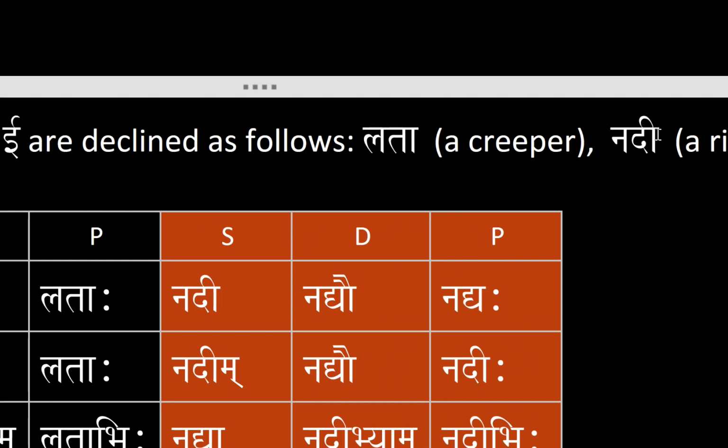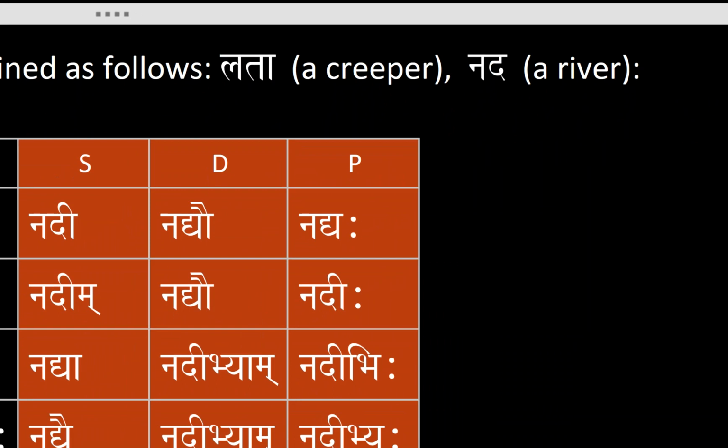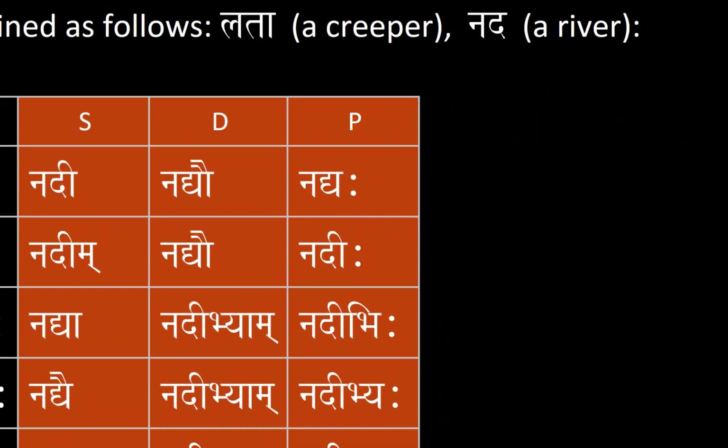Same thing for nadi, a river. When you come across any feminine noun that ends with a long e, you would do the same thing as you're doing for nadi. You would take away the long e vowel sign and then see what your case endings are.